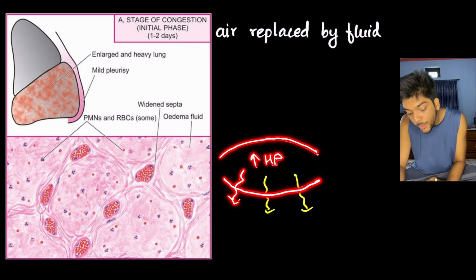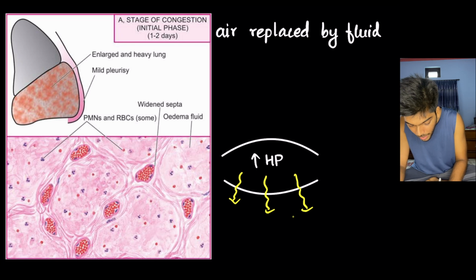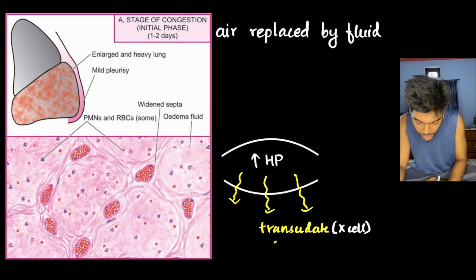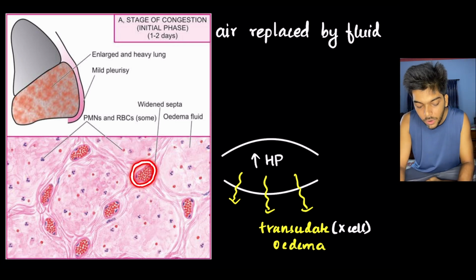As a result, the fluid from inside the blood vessel gets pushed out, and this fluid is nothing but transudate. Transudate contains little to no cells, and the edema due to transudate is transudate edema. So see here, here is the blood vessel. There is engorgement or dilatation of the blood vessel, due to which there is an increase in hydrostatic pressure.